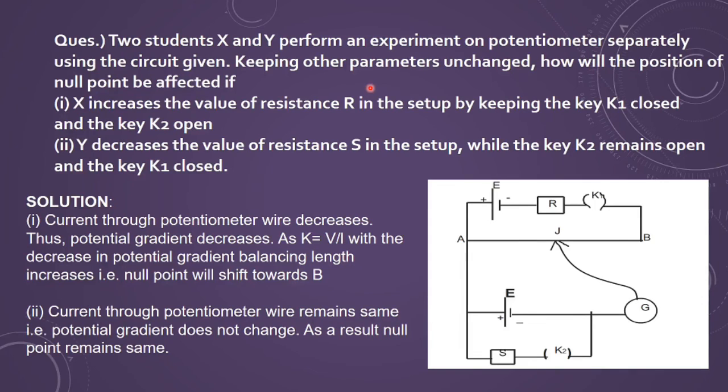Now while performing the experiment, first student X increased the value of resistance R in the setup, which is of course by moving the rheostat. Clear? Keeping the key K1 closed, while K2 key was open.